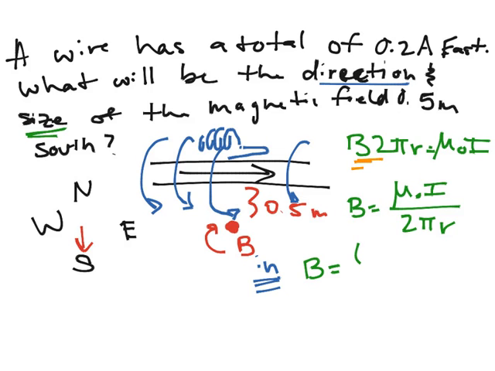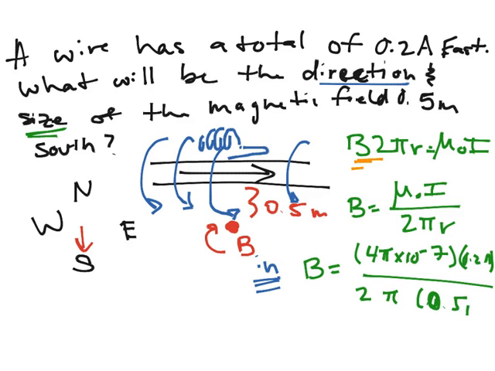Mu naught, remember, was just a number, which was 4 pi times 10 to the negative 7. Your current in this case is 0.2 amps. And 2 is just a number, pi is just a number, and r was 0.5 meters. Make sure you do double parentheses on the bottom when you divide to avoid accidentally multiplying, and solve.